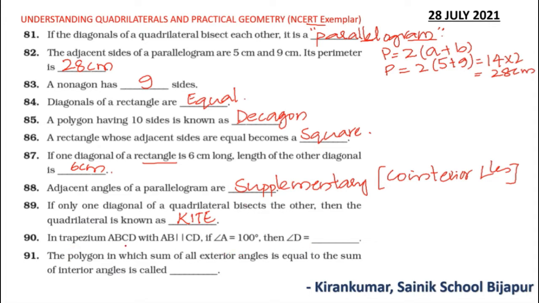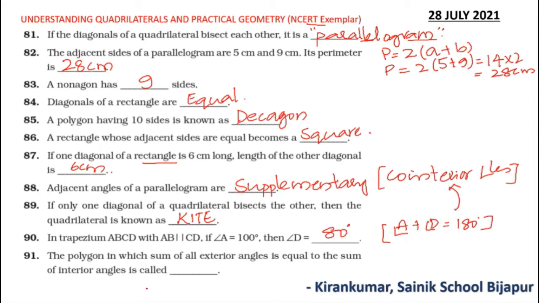In trapezium ABCD with AB parallel to CD, if angle A is 100 degrees, then angle D is 80 degrees, because angle A plus angle D is 180 degrees. The reason is co-interior angles.